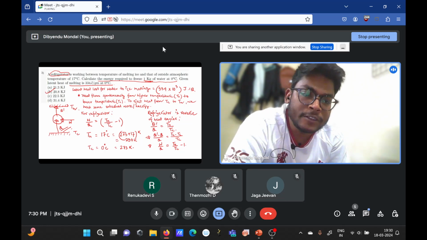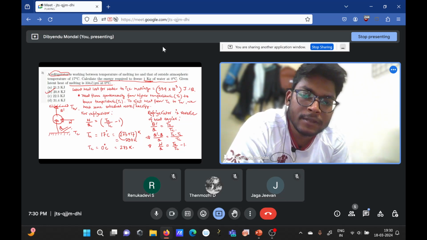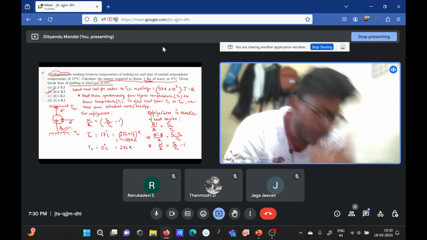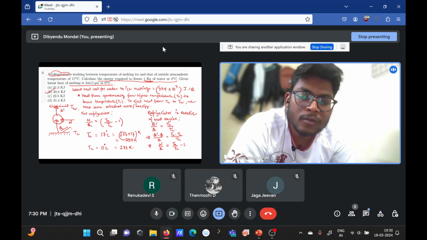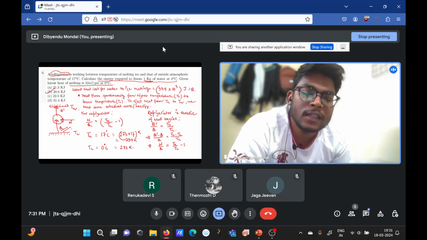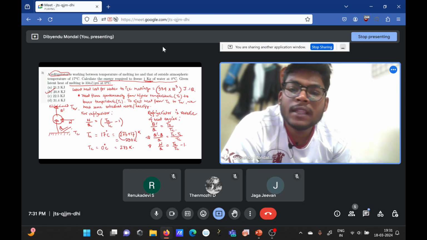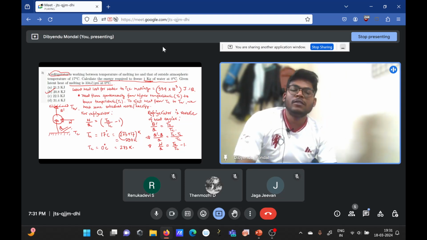But in the case of a refrigerator, the system is different. You have to defy the natural course of flow of heat, because you have to eject some heat to the hotter temperature. That's why you need some other external source of work or energy. That is what we have done using different concepts.